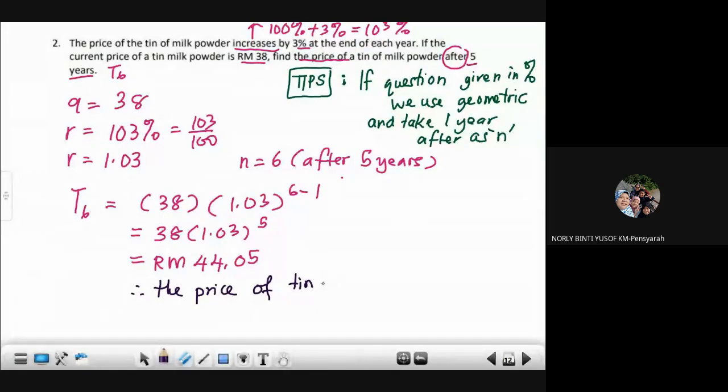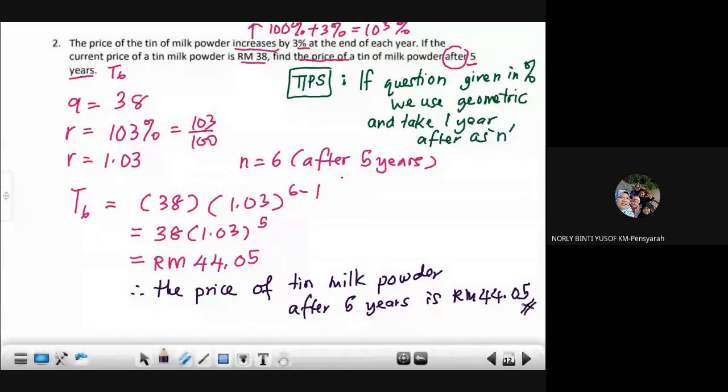So kat sini tin milk powder after 5 years is RM44.05. Okay. So nampak je soalan ada percentage dalam problem solving tu, kalau kita tengok that is R lah, sebab percentage is not related to common difference, is common ratio.